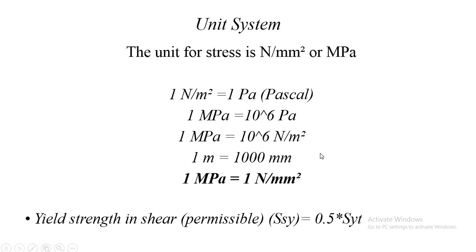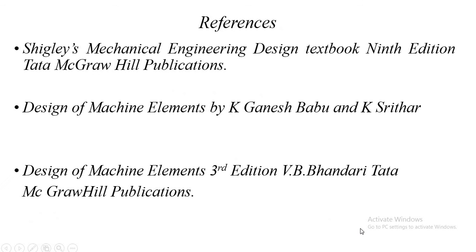By substituting this value in this equation, we will get that 1 megapascal is equal to 1 Newton per mm square. Yield strength in shear permissible, that is SSY, is equal to 0.5 times SYT, where SSY is the yield strength in shear and SYT is the yield strength in tension.